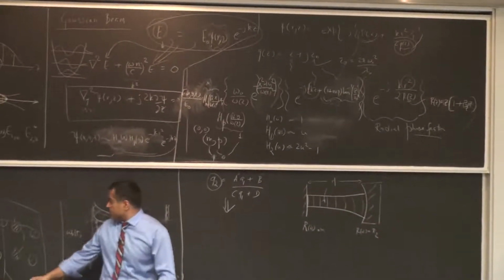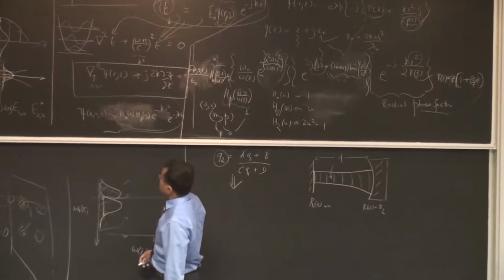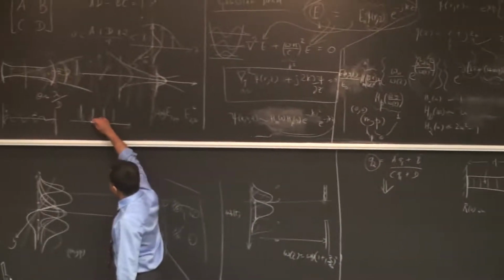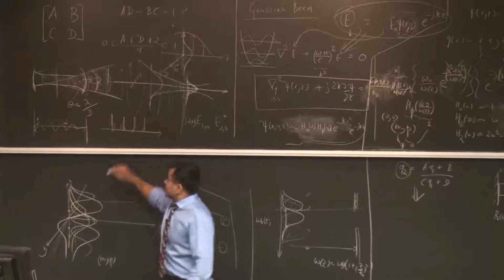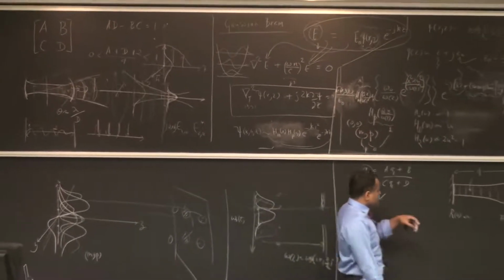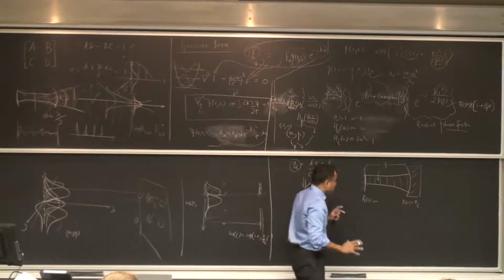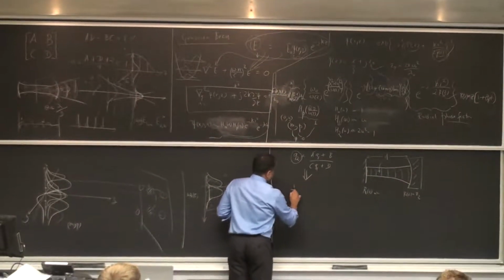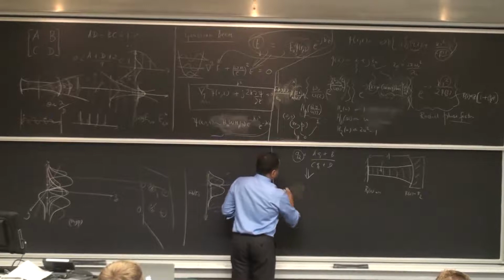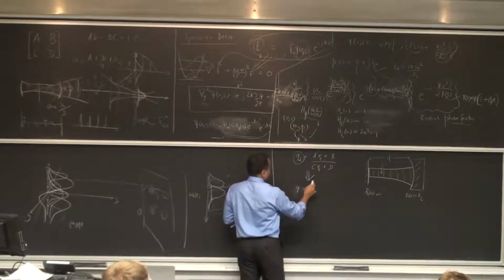Only certain ones, as we were trying to sketch. Which modes are allowed? The ones that allow all this matching on two sides and all that stuff. Those are allowed.